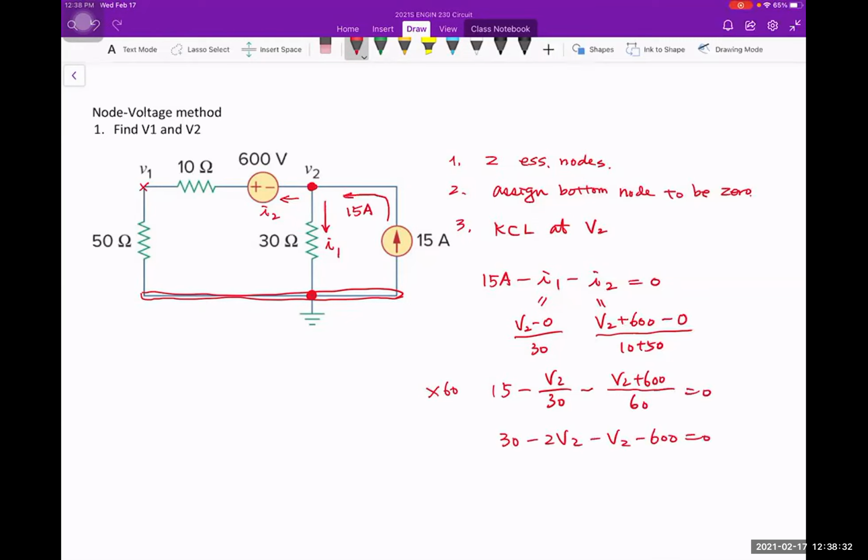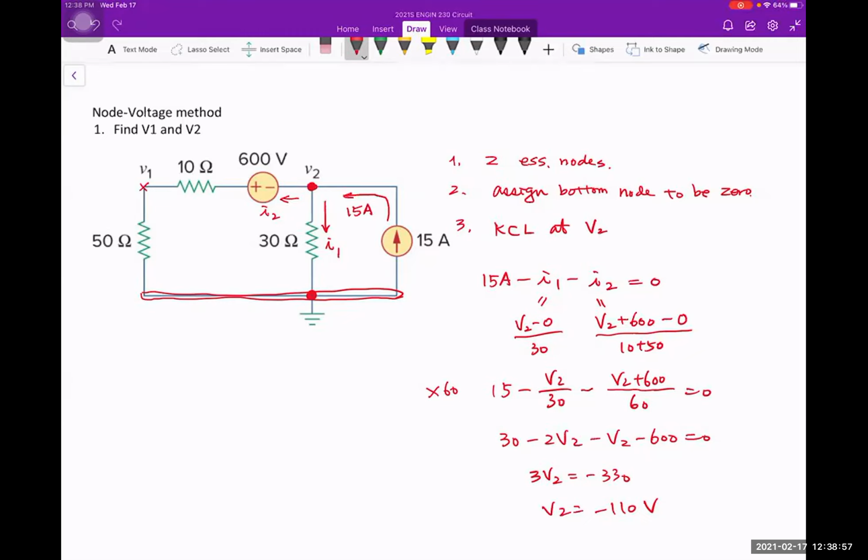So what do I have? There will be 3V2 equal to negative 330. V2 is negative 110 volt. Okay, any question about this?